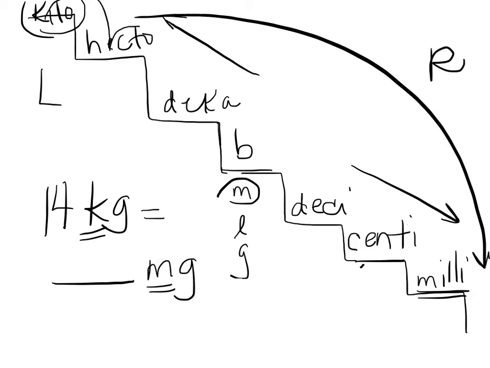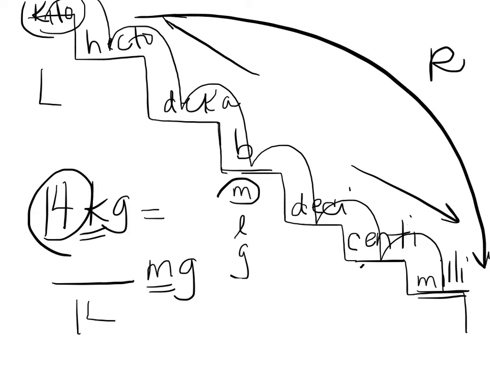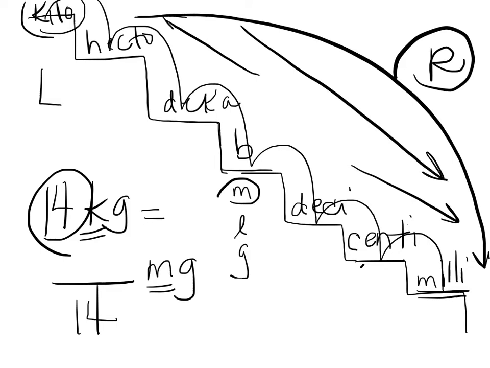I go 1, 2, 3, 4, 5, 6. So I have to take this number and move my decimal point 6 spaces to the right, because I was going down the stairs. So we know the decimal's there because if it's not there, you know it's at the end of the number. And how many did I say? 6, right? So I have to go 1, 2, 3, 4, 5, 6.